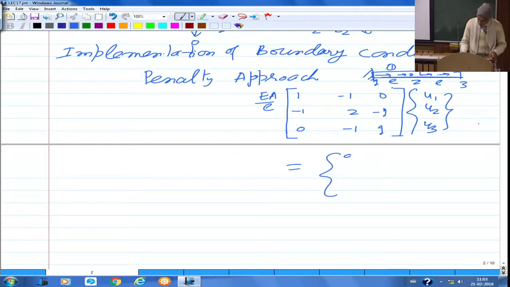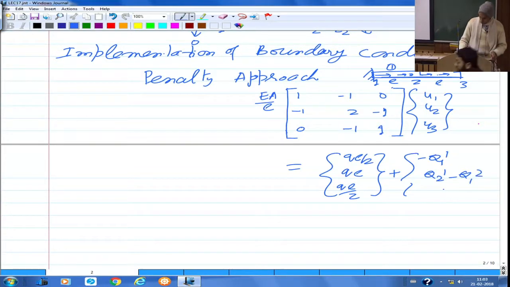So here the load vector would be QL by 2, QL and QL by 2 after assembly, plus the internal forces, which are minus Q11, Q21 minus Q12, and Q22. These are your internal forces.